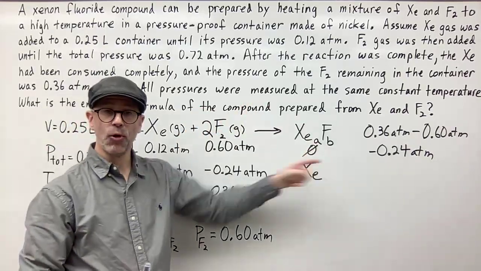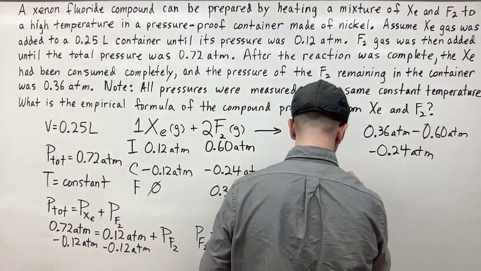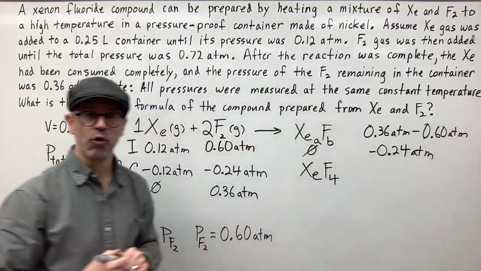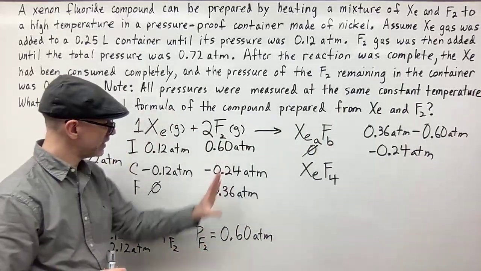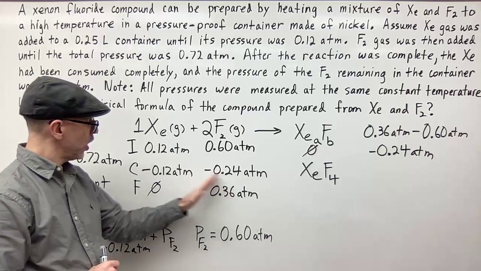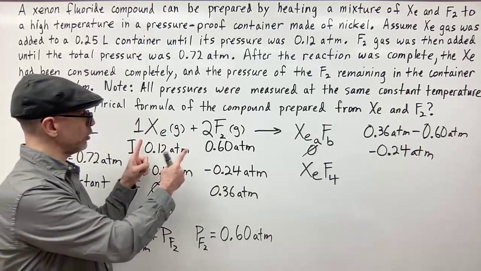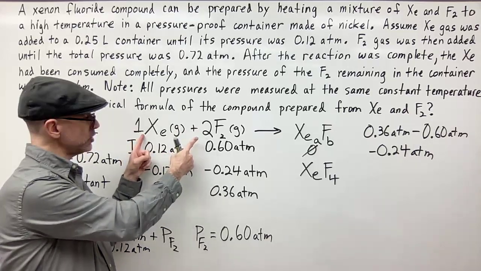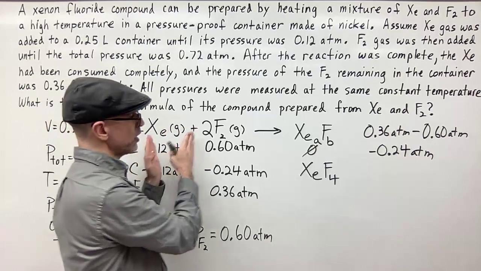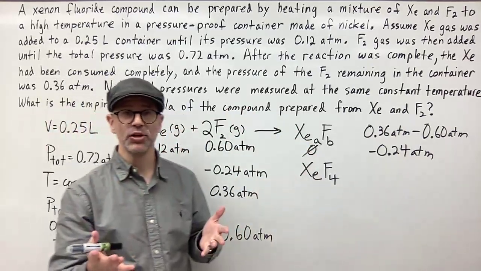So I should have 4 atoms on this side. And there's the formula of my compound. Okay, so simply based on the ratio of the change in both of these, I was able to identify what the coefficients are, and that helped us figure out what the number of atoms are in there. Now, that's one way to solve this problem.